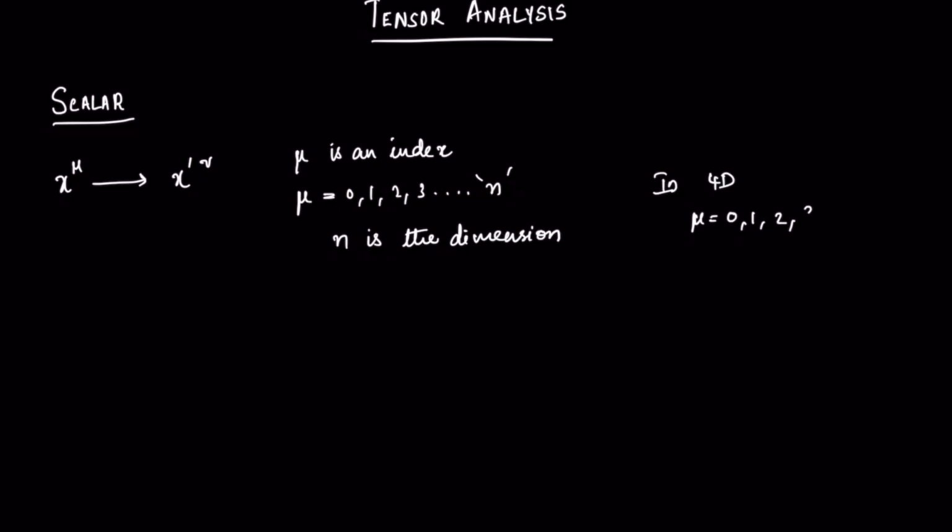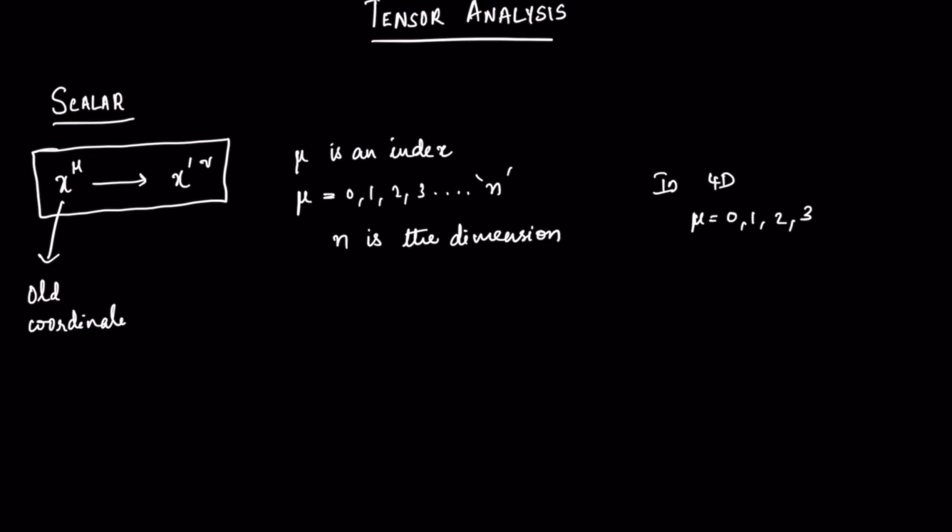So consider the transformation x mu to x prime mu. So x mu is one coordinate system and x prime mu is the transformed coordinate system. After the transformation, this is the coordinate system, so I will represent it by prime.